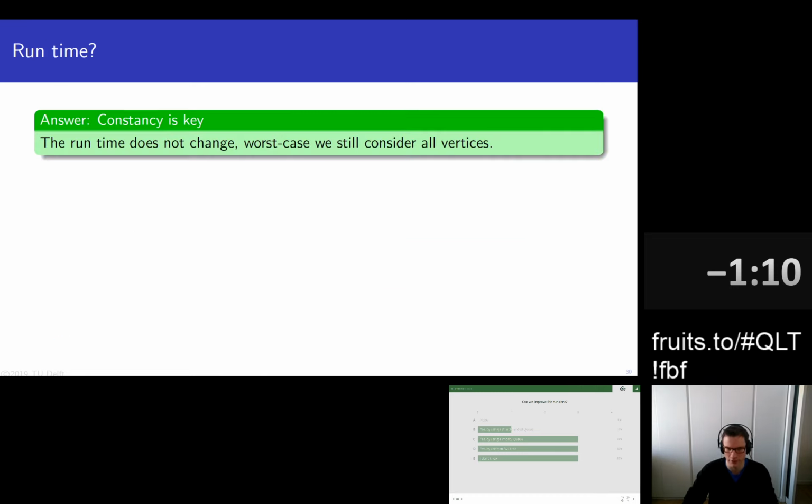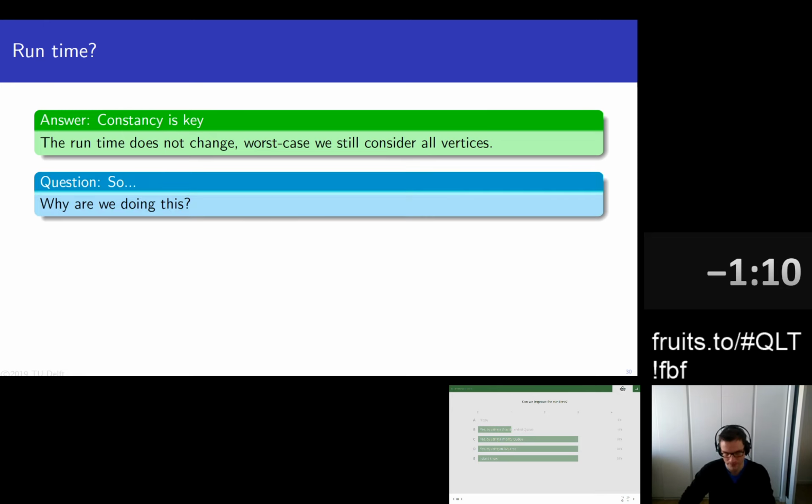Let's start with the runtime. Well, the runtime doesn't really change. Worst case, we still need to check all the vertices, right? Consider where I actually want to go to this node V9000. I still need to go through all the other ones in between. So worst case, nothing changes.